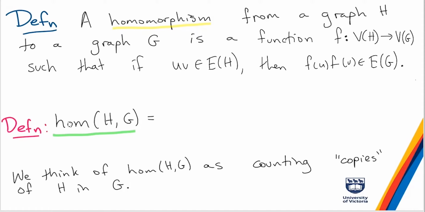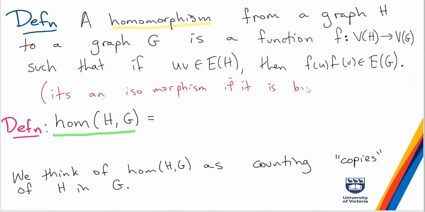You have to be careful here. Maybe I'll write in red what would make it an isomorphism. To make it an isomorphism, it has to be bijective; the homomorphism could fail to be surjective, injective, or both. It's an isomorphism if it is bijective, but not just on the vertices, but also on the edges, if that makes sense.